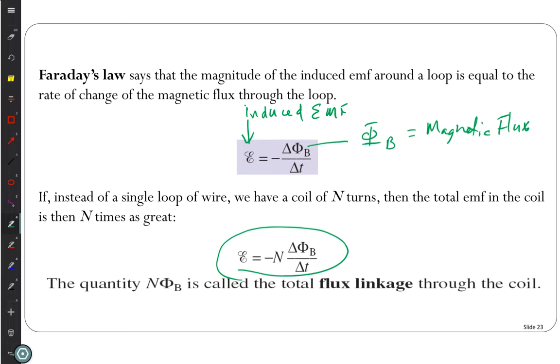If I had two loops, and of course they're tied together, so it'd actually be a wire wrapped around in two loops, then I'm going to have basically one loop plus a second loop giving me double the amount. And if I made a third, I'd have 3 times the amount. And so that's what that N out front is for.